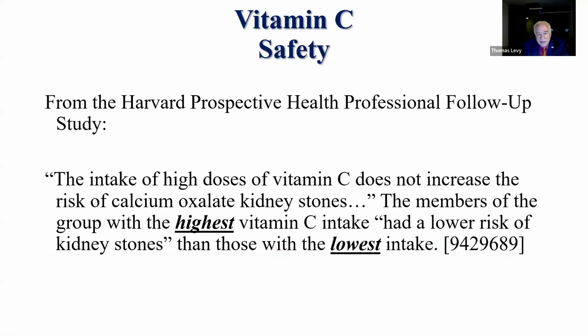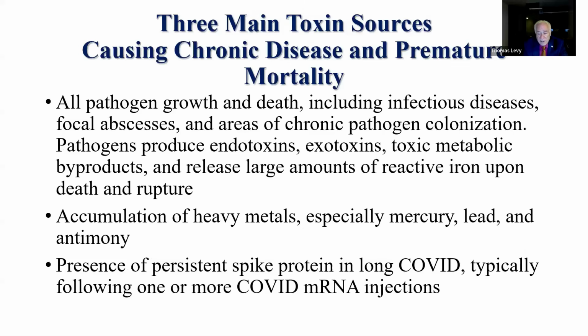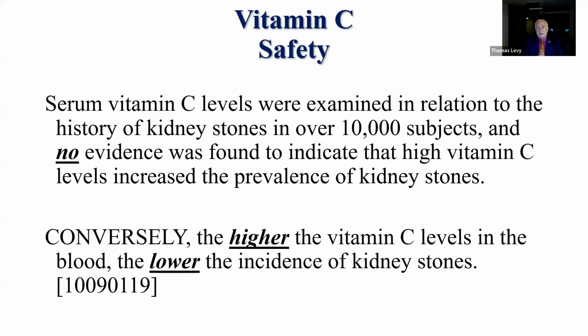The people that take the highest doses of vitamin C have the lowest incidence of kidney stones, not vice versa. And the higher the vitamin C levels in the blood, the lower the incidence of kidney stones. The important thing to remember here is kidney stones are calcium oxalate.